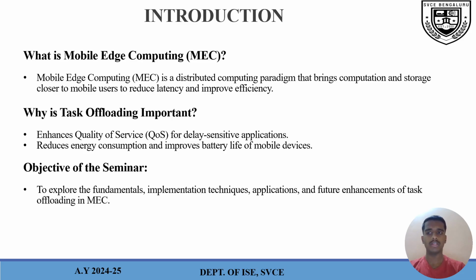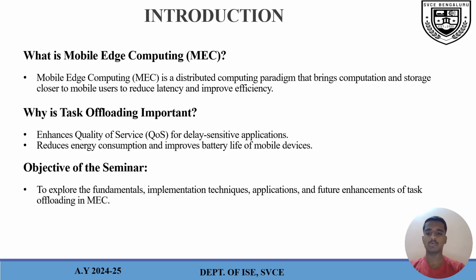So, task offloading is a process where the tasks which are processed on a mobile phone are offloaded to a nearby edge server so that the task is processed in a much faster way, and it also reduces the battery consumption of the mobile device. And why is task offloading important?